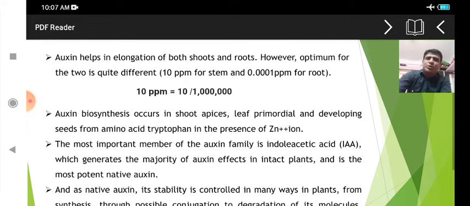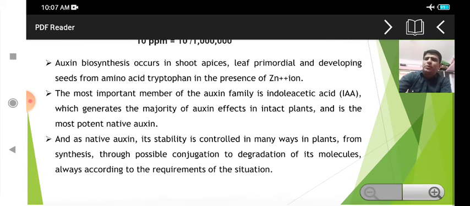In the auxin family, there are a number of representatives: 1 naphthalene acetic acid, indole acetic acid. There are a number of organic components. But in rest of that, indole acetic acid is the majority of auxin that has effect in the intact plant, and it is the most potent native auxin.